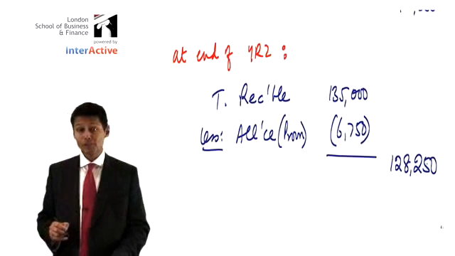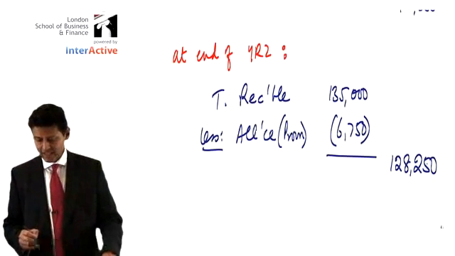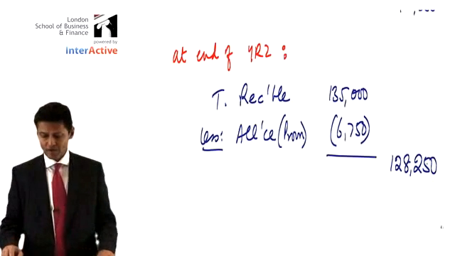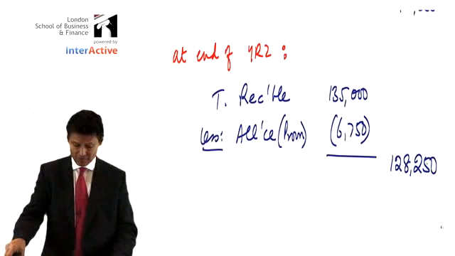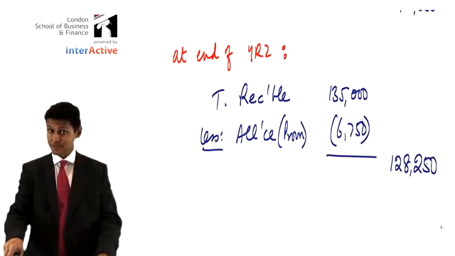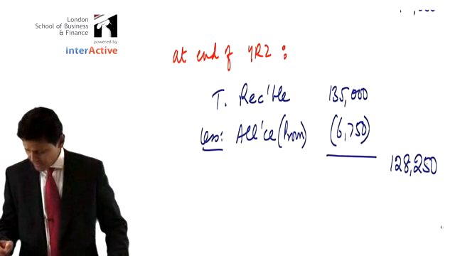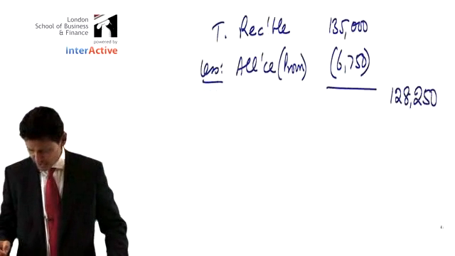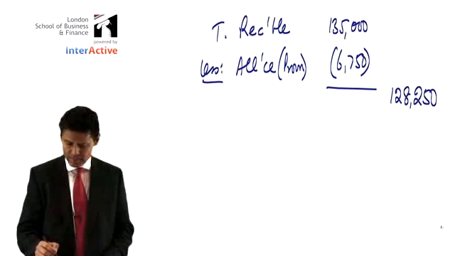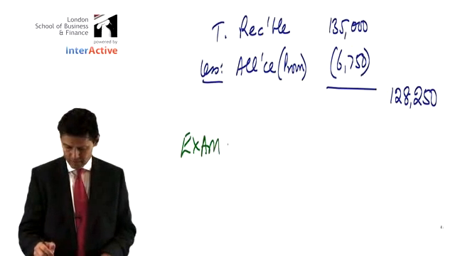Please be careful to acknowledge that the figures of 142 and 128, etc., are only for presentation purposes. You don't actually reduce them from the receivables figure in the proper ledger accounts. So can I just make that little note here? Exam point.